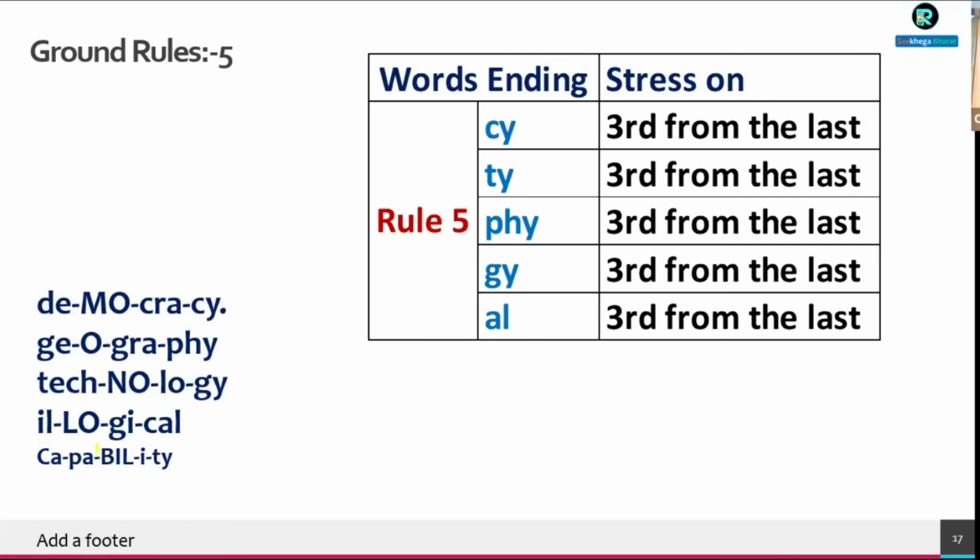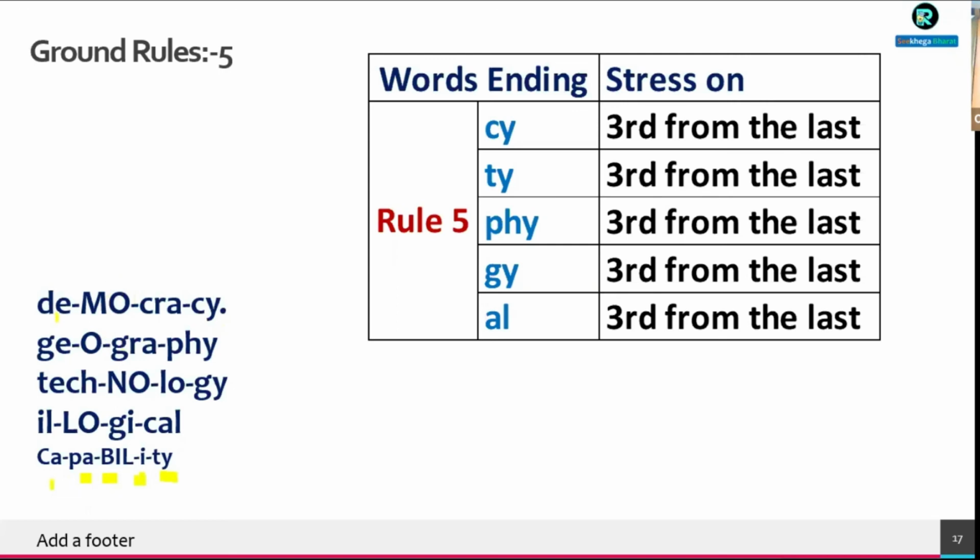So this has to be different, this has to be different, and all of this. Then only your sound will be amazing, if you pronounce all the syllables and only stress the stressed syllable.